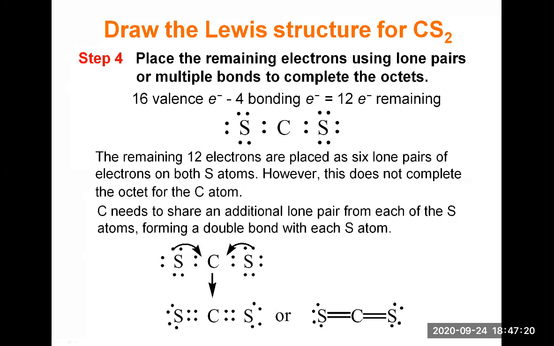So we have 2 double bonds. So each double bond is 4 electrons. 4 electrons times 2, it's 8. Then plus 4 on a sulfur, that's 12, plus 4 on the other sulfur, and that's 16. So we do have our 16 valence electrons, and that's the correct structure for CS2.